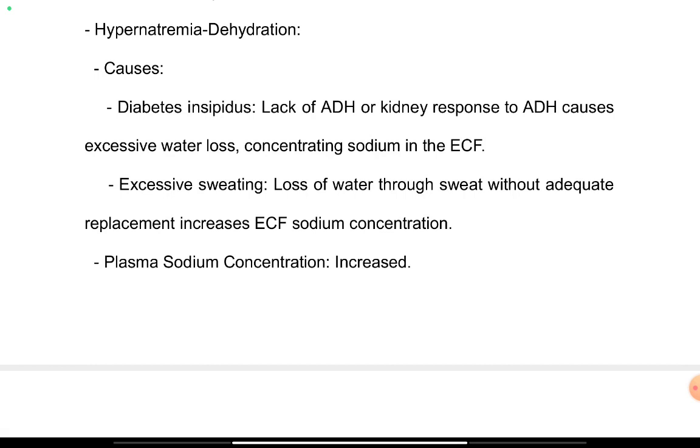There's also cranial diabetes insipidus, which occurs when the posterior pituitary is not producing antidiuretic hormone, while nephrogenic diabetes insipidus occurs as a result of lack of receptor. The kidney is not responding to ADH, despite adequate ADH.